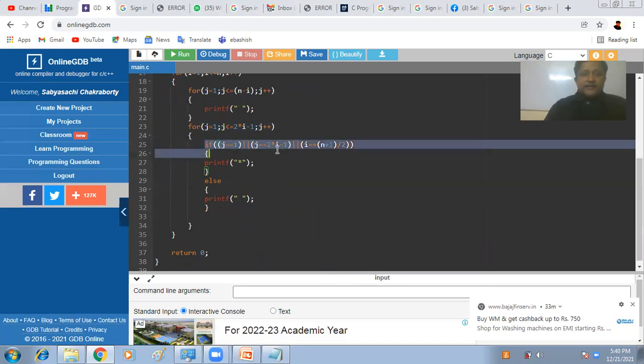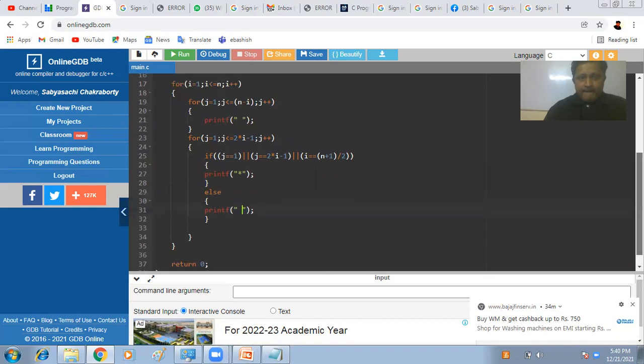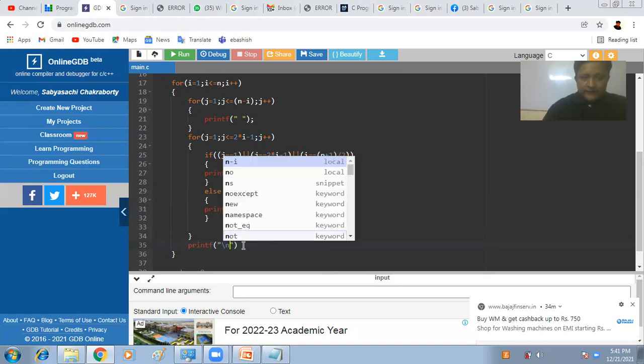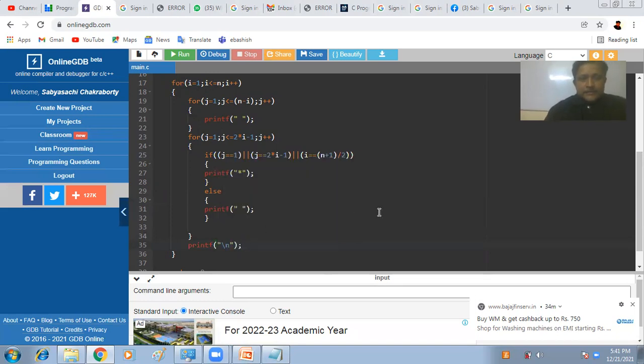Satisfying any of these conditions will make the star be printed, and failing which, the blank will be printed. Then we have the next line after every row. So this is the way we can represent it.